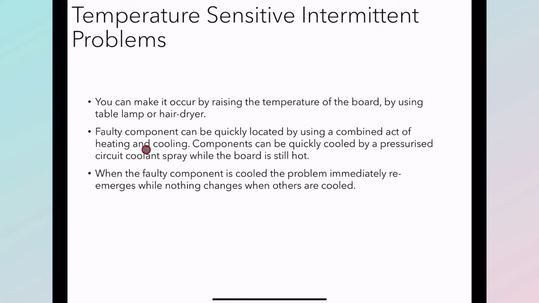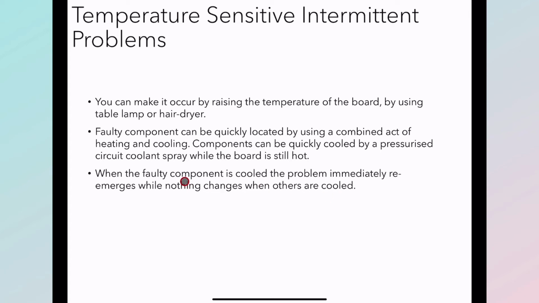The faulty component can also be quickly located by combining the act of heating and cooling. We can use a quick pressurized spray of circuit cooling that we directly spray on the board and on the components. While the board is hot, the component gets cooled down. So we try many different components. When the faulty component is cooled, the problem re-emerges, while nothing happens when already fine components are cooled.